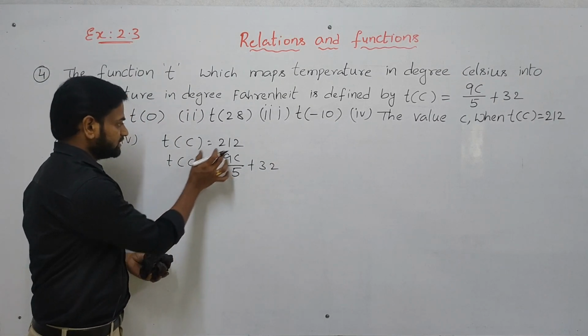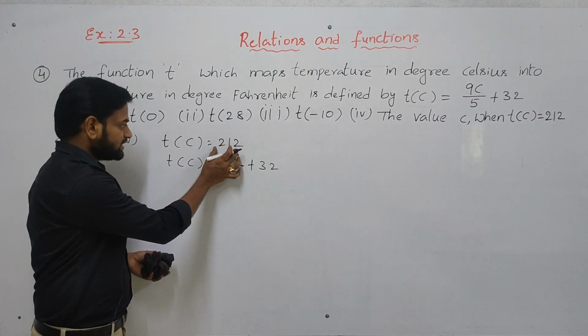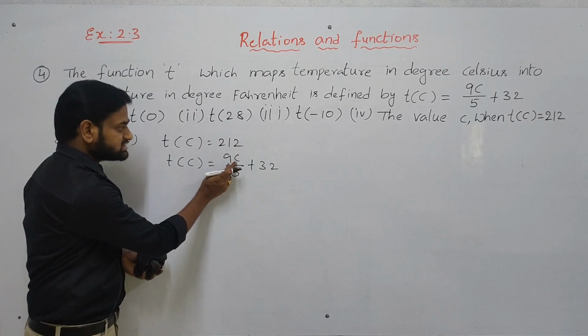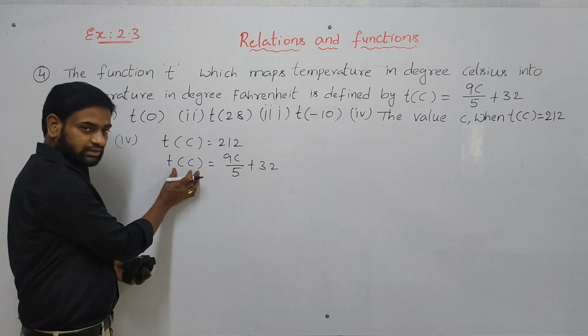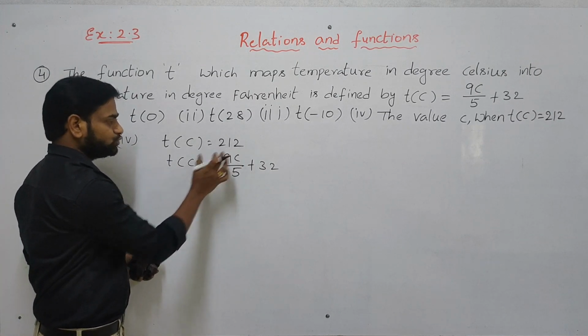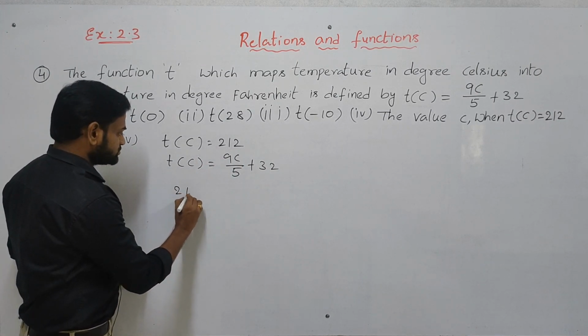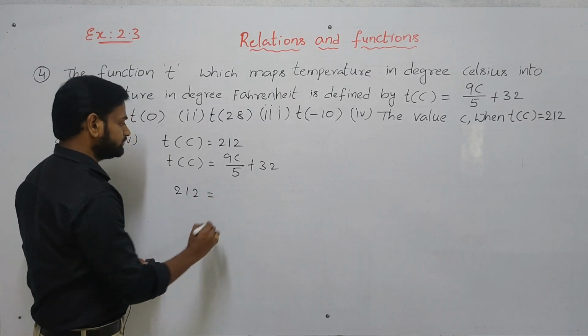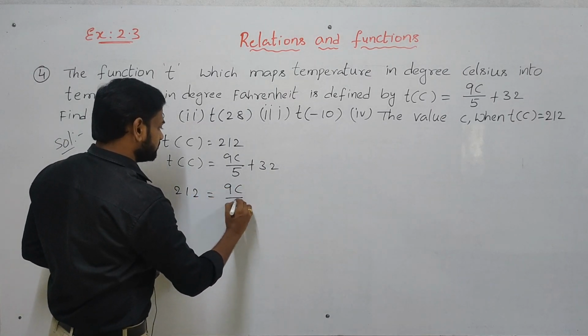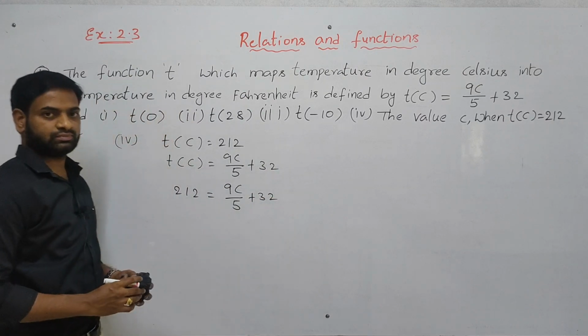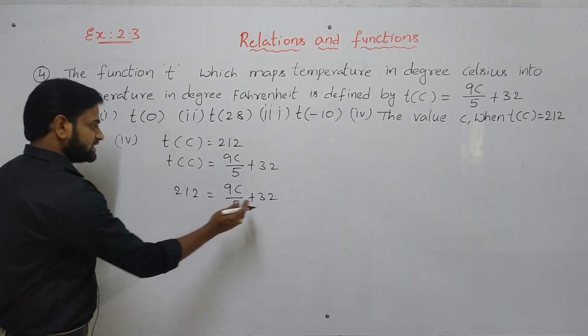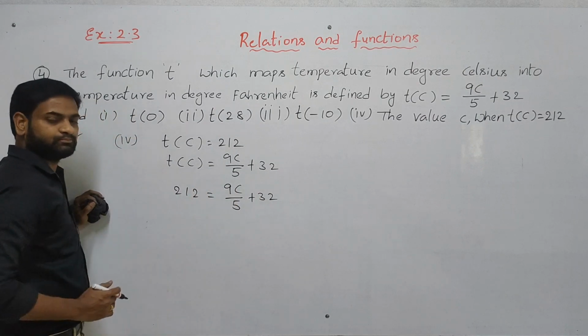Now this value is given, and we have to find this c value. So in place of t of c I am writing 212. So 212 is equal to 9c by 5 plus 32. Now send this 32 to this side.